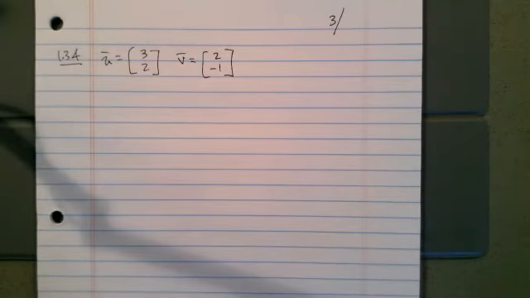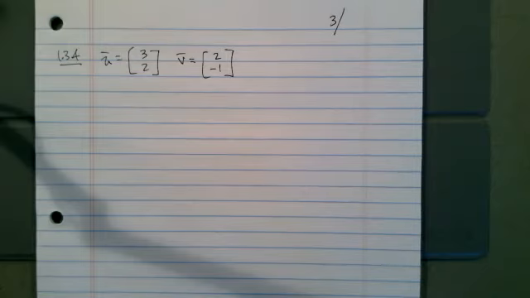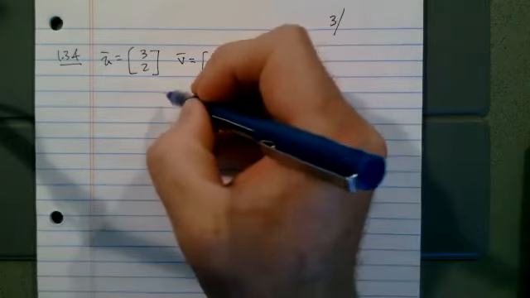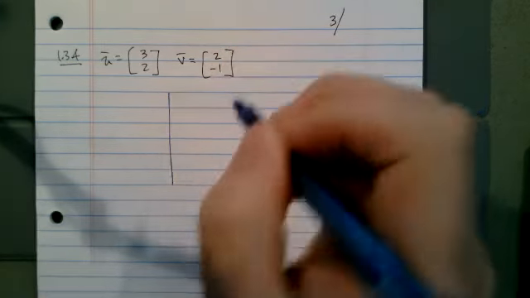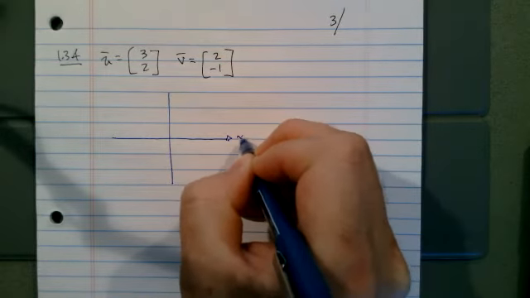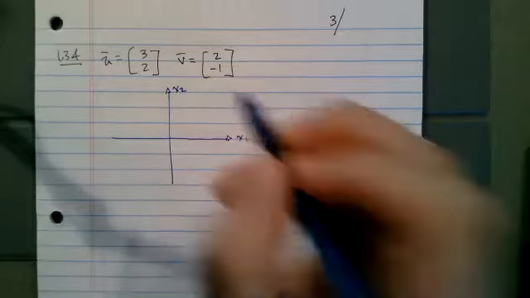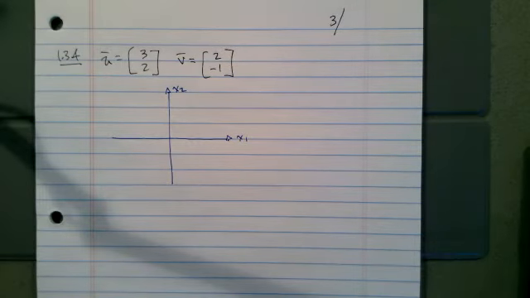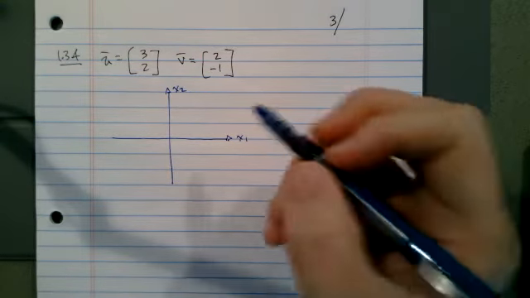So if we draw a picture of these vectors, 3, 2, and 2, negative 1, what we're going to find is that we're creating a different grid on R2. Normally we draw R2 with a y-axis and an x-axis, and the normal grid is just a bunch of squares.